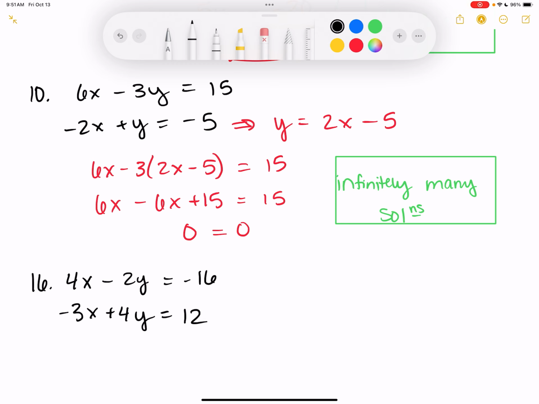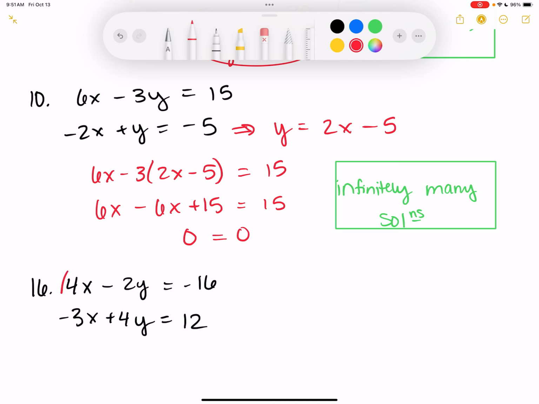This one is negative and this one is positive, so that'll cancel by just multiplying by 2. If they were both positive, I would multiply by a negative, whatever number it is. So I'm going to multiply this top equation by positive 2.